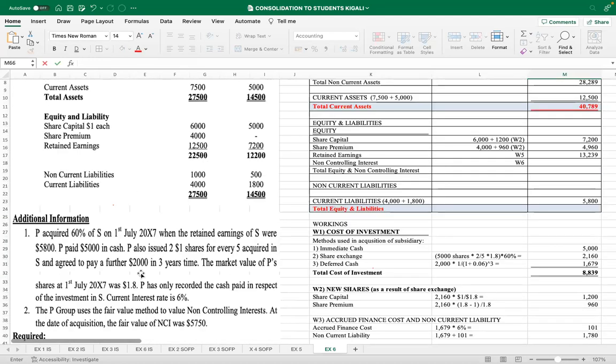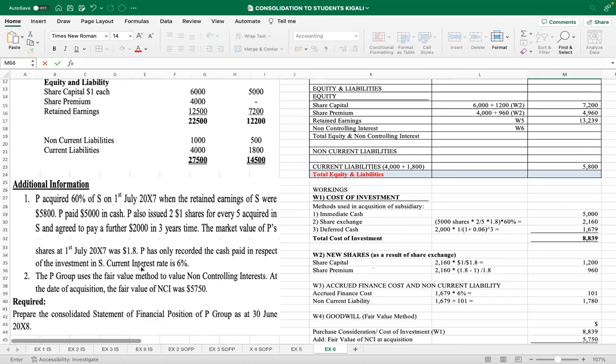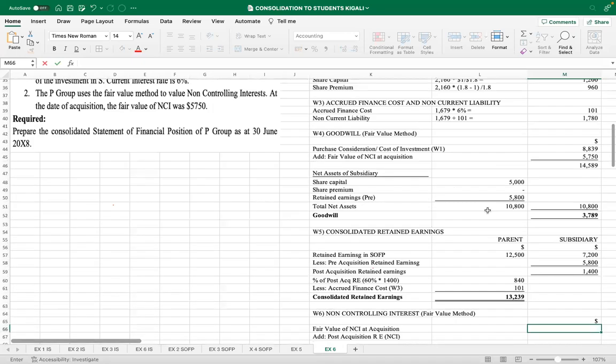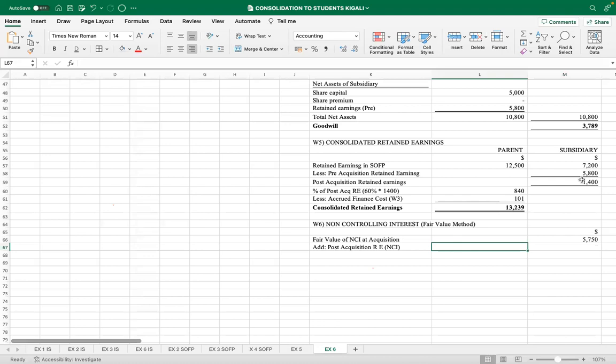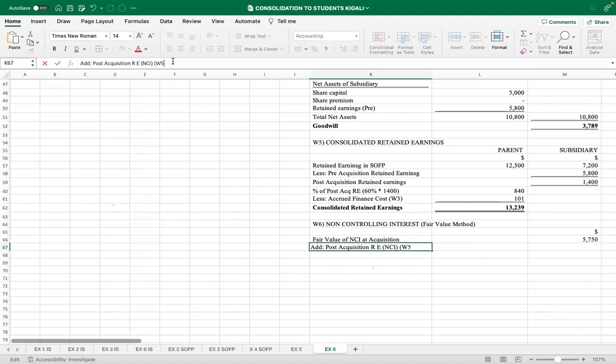Yes, here, 5750. And post-acquisition profit you get from retained earnings. So post-acquisition profit was 1,400. This you get from working 5. But the non-controlling interest is 40%.